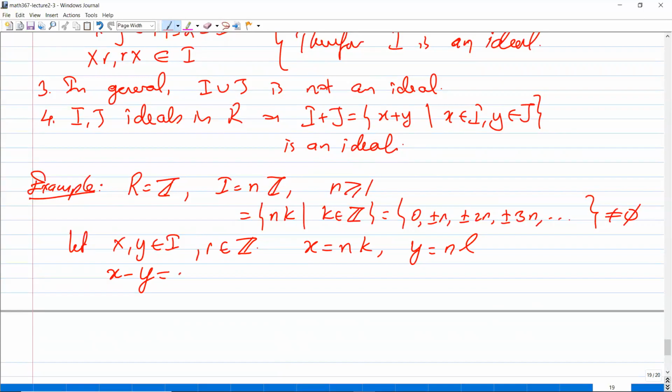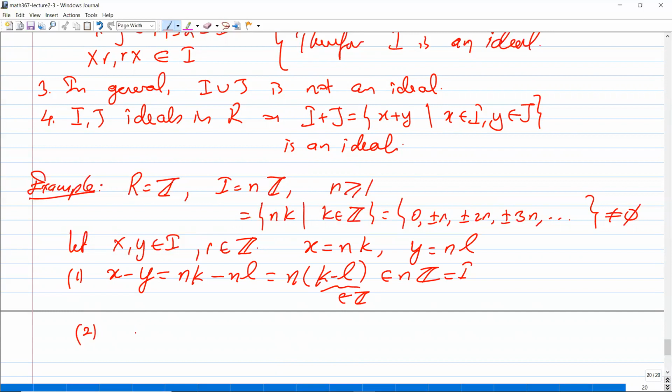It is nk minus nl, which is n times (k minus l). This k minus l is an integer, so this is in nZ, namely it's in I. So the first condition of being an ideal is satisfied. Second, let's say x times r.